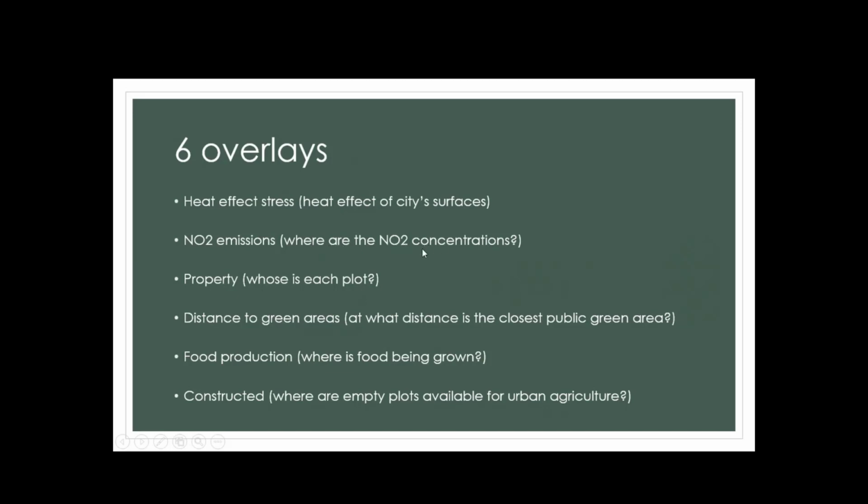This is to inform players where the NO2 concentrations are, because only vegetation which is in contact with some amount of concentration will be able to absorb NO2. So if you construct a garden where NO2 concentrations are 0, this garden is not absorbing NO2, so it won't count for the indicator. Another is an overlay with the property.